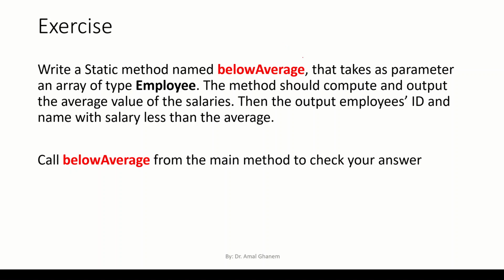So we have a static method called below average. It will take an array of type employee. The job we have to do is we have to calculate the average of salaries. So this is step number 1. Step number 2 is we have to output employees' IDs and name if their salary is below the average.